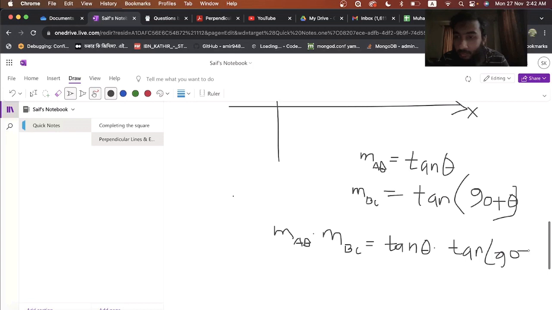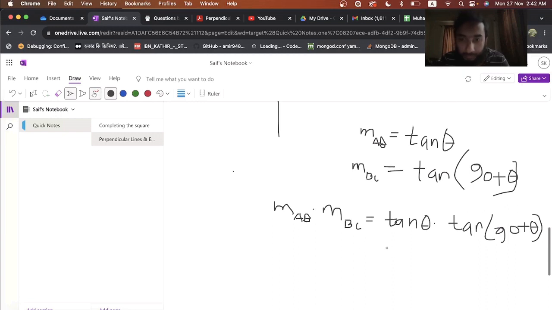Tan (90 plus theta) has a trigonometric formula, which is what? I can write tan theta dot tan (90 plus theta) is minus cot theta.